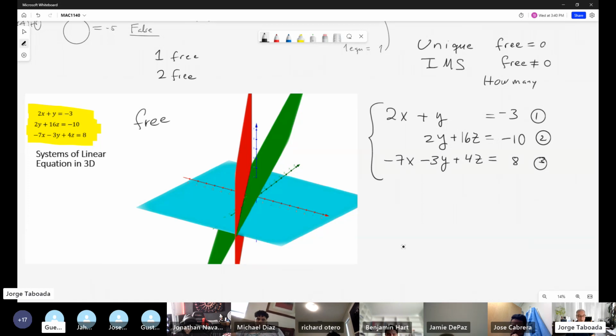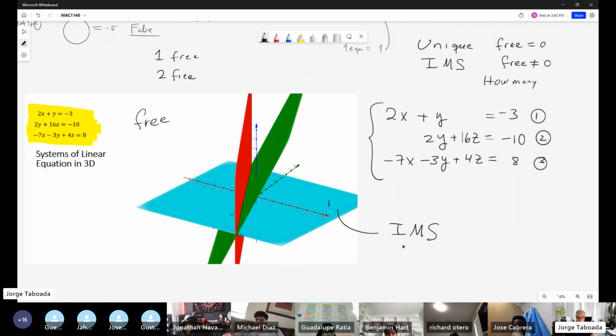Sorry, what is the free variable? I need to explain again. I don't think I'm understanding what it is. Yeah, I know that you don't understand, but I will explain. Okay, I want to repeat for you, so pay attention. When you have infinitely many solutions, in this case it's obvious because we have 3 equations: equation 1, equation 2, and equation 3.